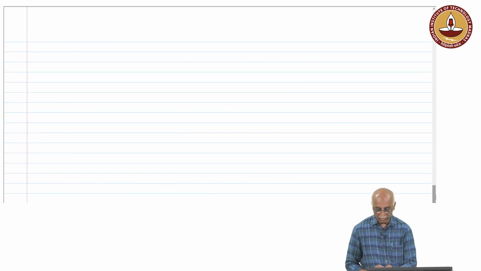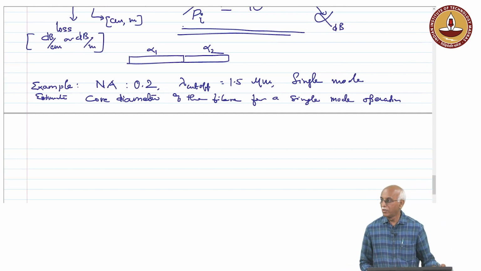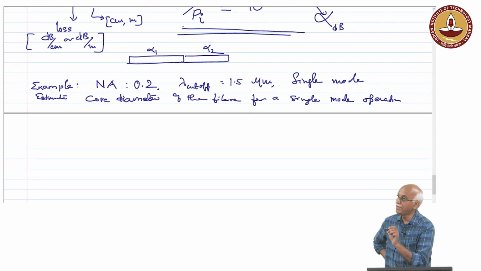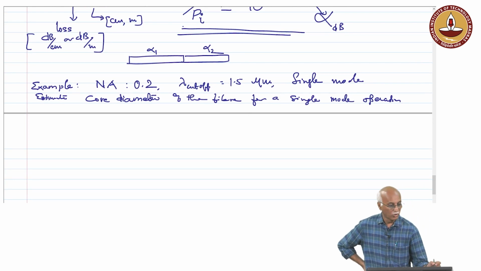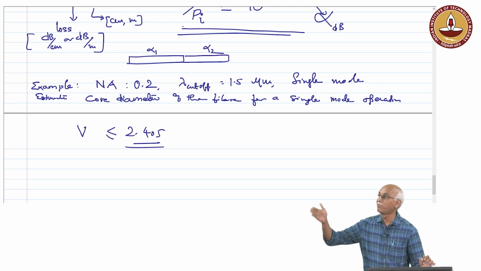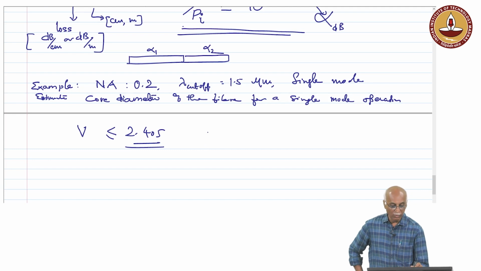It is very simple. If you can estimate it, write it down on paper. We will estimate using the V parameter. V should be less than or equal to 2.405 for single mode operation, so let us assume the maximum possible, 2.405.